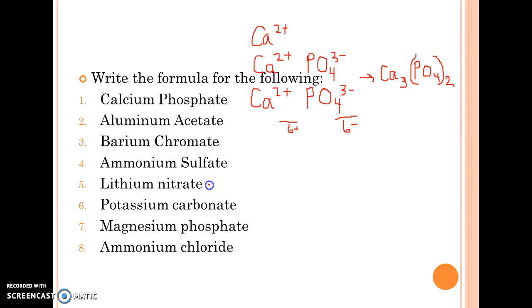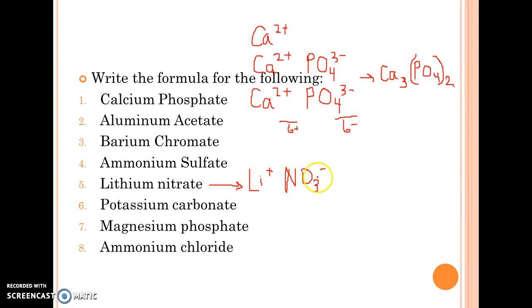Let's look at an easier one. Let's look at number 5 here. Let's look at lithium nitrate. I'm going to find lithium on the periodic table. Lithium is Li with a +1 charge. And nitrate is in your reference table on page 7. It's NO3. And it has a -1 charge.